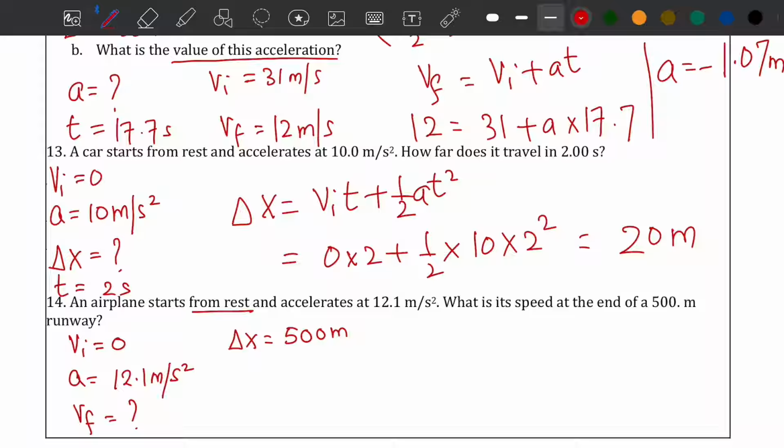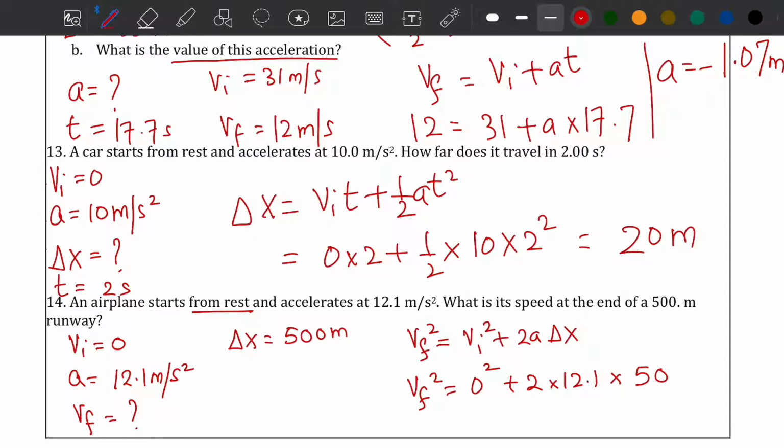So we will choose the formula where all four of these come together, and which is Vf square equal Vi square plus 2a delta x. So Vf square equal 0 square plus 2 multiplied by 12.1 multiplied by 500, and solving this with your calculator will give you the answer as 110 meter per second.